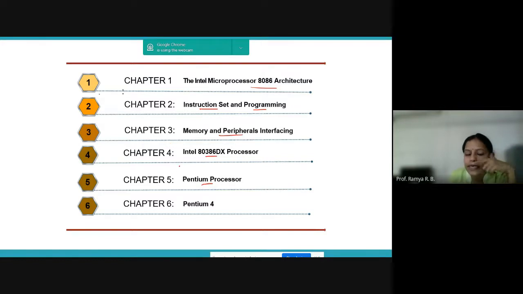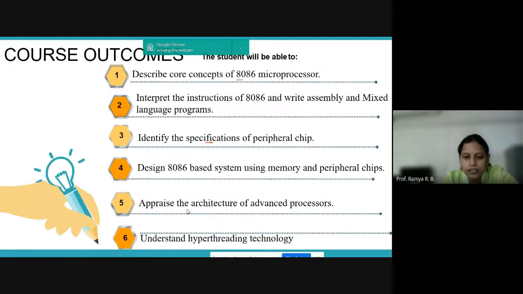Chapter 4 में 386, chapter 5 में Pentium processor, and in chapter 6 you will be learning Pentium 4 and several advanced features like hyperthreading, superscalar architecture. There are several concepts like superscalar architecture, hyperthreading and all, which are the reason for your modern processors being so fast and efficient.